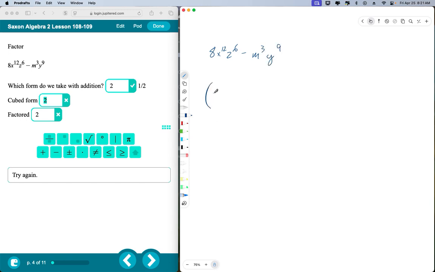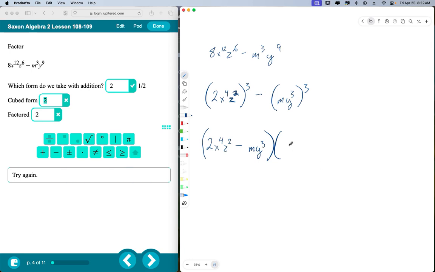So the cubed form of that would be 2x^4z^2 cubed minus my^3 cubed. 3 times 4 is 12. 3 times 2 is 6. 3 there and 9 there. So that's right. So subtraction goes in here: 2x^4z^2 minus my^3. So the rest of this is plus because we've already used our minus.